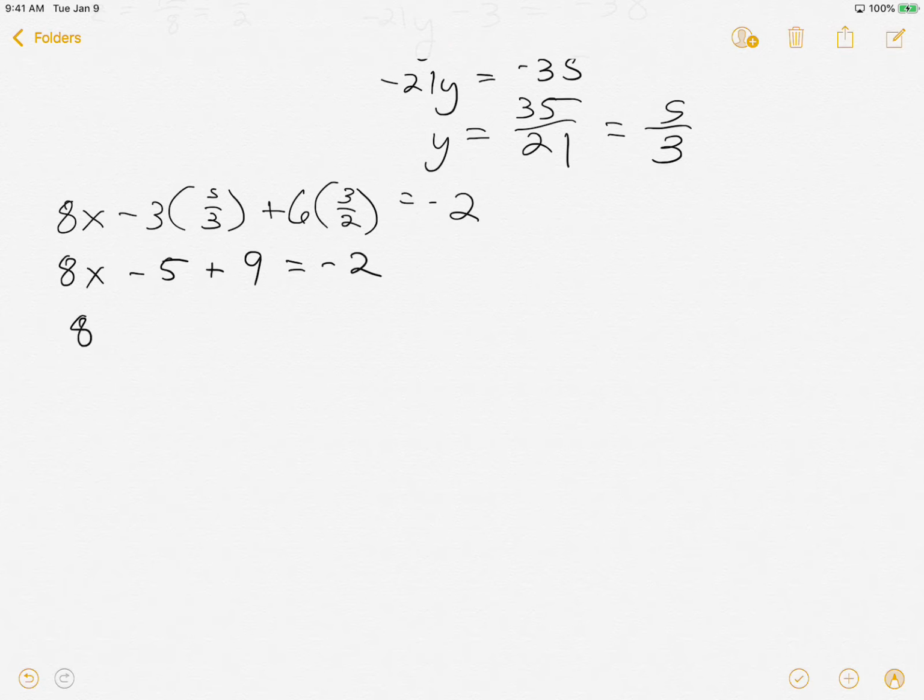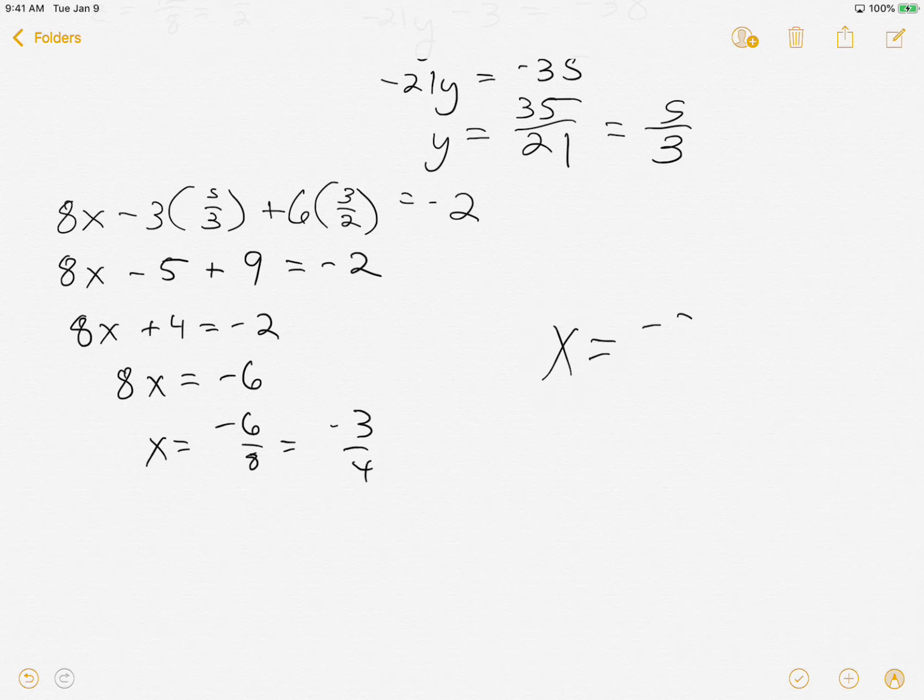So we have 8x plus 4 equals negative 2. 8x equals negative 6. X equals negative 6/8, or negative 3/4. So the solution is negative 3/4, 5/3, and 3/2. Okay, next time we're going to talk about matrices and how to solve these systems using matrices.